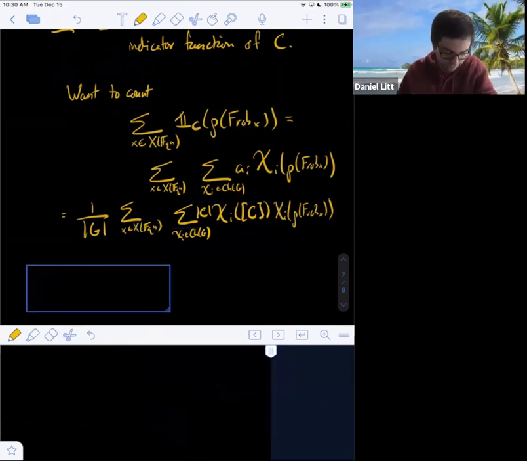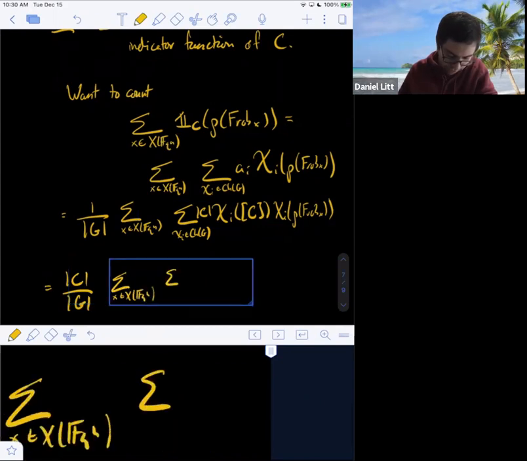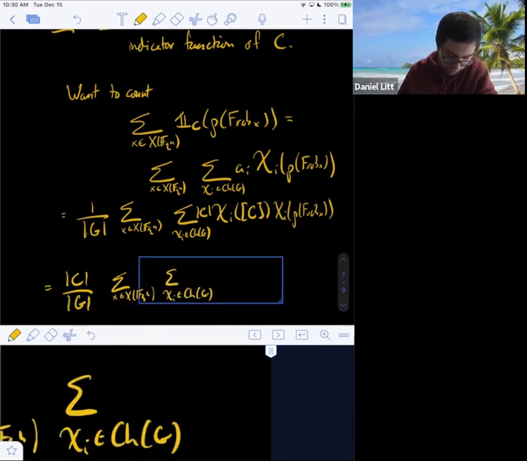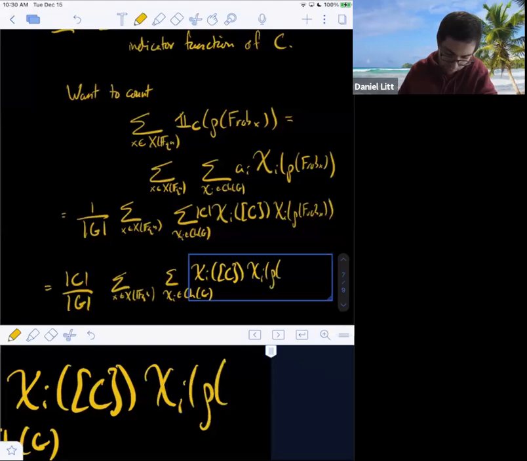Okay, so let me factor out that C. So you get C over G, that's looking good. Sum over X in X(F_q^n), sum over characters of chi I C times chi I of rho of Frob X.